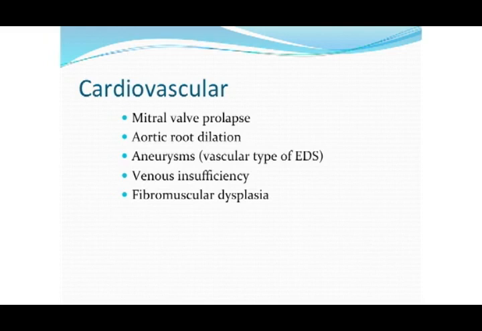But with the recent publication of issues related to venous insufficiency from the brain, from the head, I've been rethinking that idea, and it may be that there is some fundamental problem with venous function in this disorder that we have yet to really elucidate. And there's also a phenomenon called fibromuscular dysplasia, which is seen in a subset of patients with joint hypermobility, and we still don't really know whether this represents a separate clinical entity or is a subtype of Ehlers-Danlos syndrome, and that is all going to wait on the identification of genes.